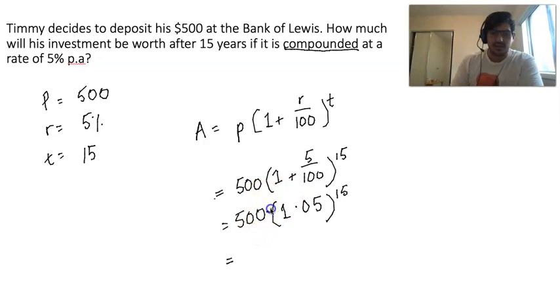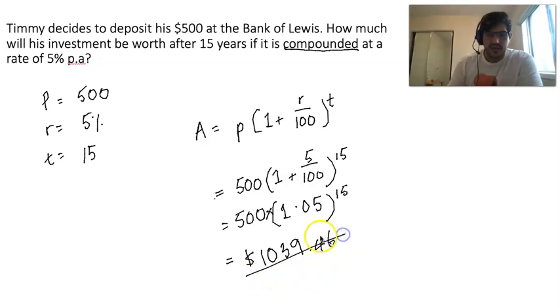So 500 times 1.05 in brackets to the power of 15 into a calculator, we will get $1,039.46.